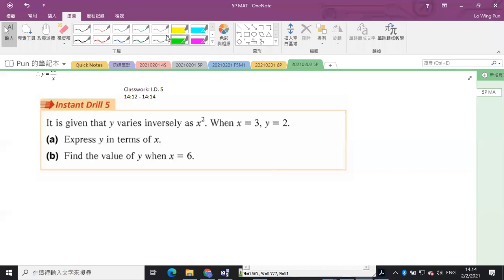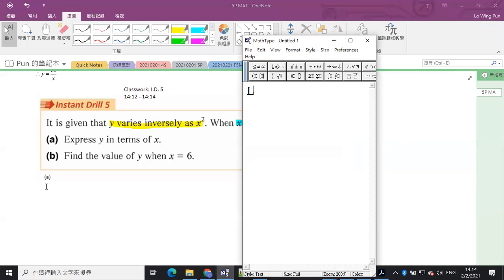It is given that y varies inversely as x squared. So please highlight this. And when x is equal to 3, y is equal to 2. This is the given pair of numbers, right? In part A, the first thing you need to do is to let y be a fraction with k on top.